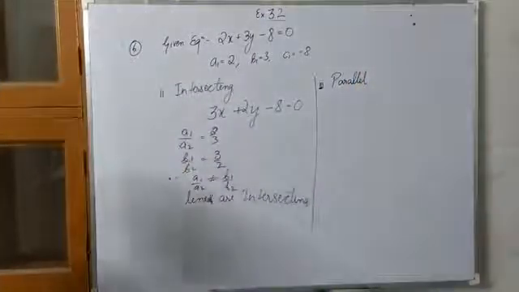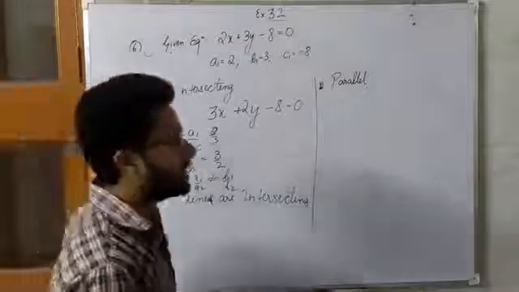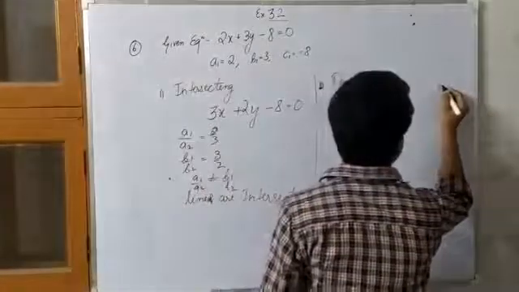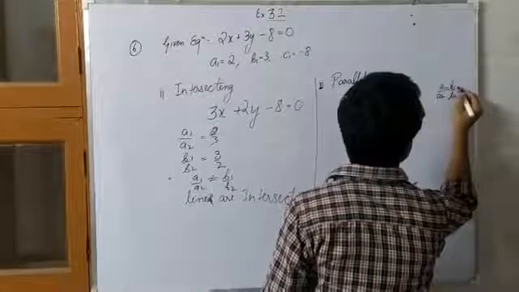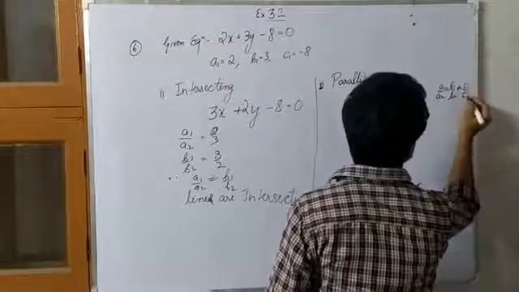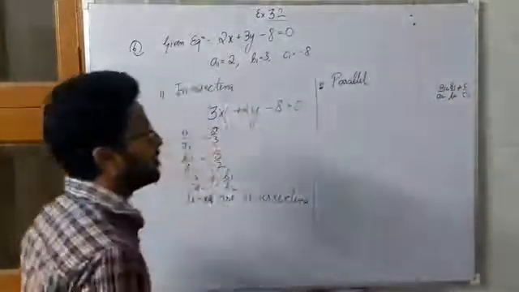For lines to be parallel, what have we seen, what is the condition? A1 upon A2 should be equal to B1 upon B2, and should not be equal to C1 upon C2, right?